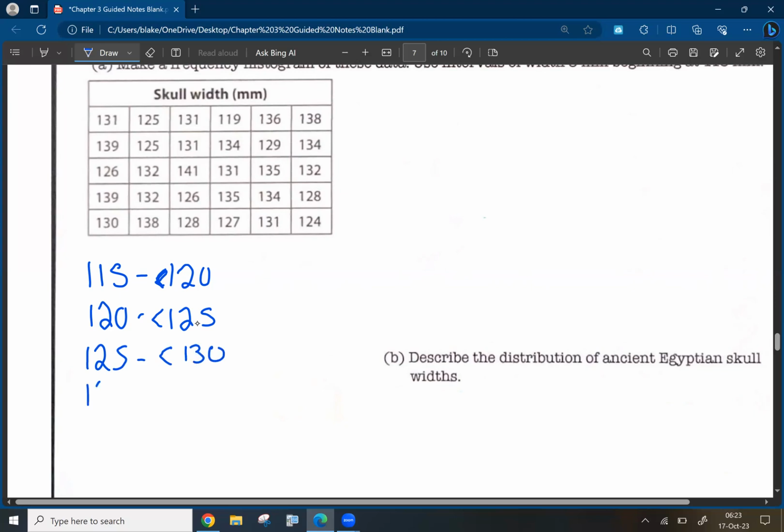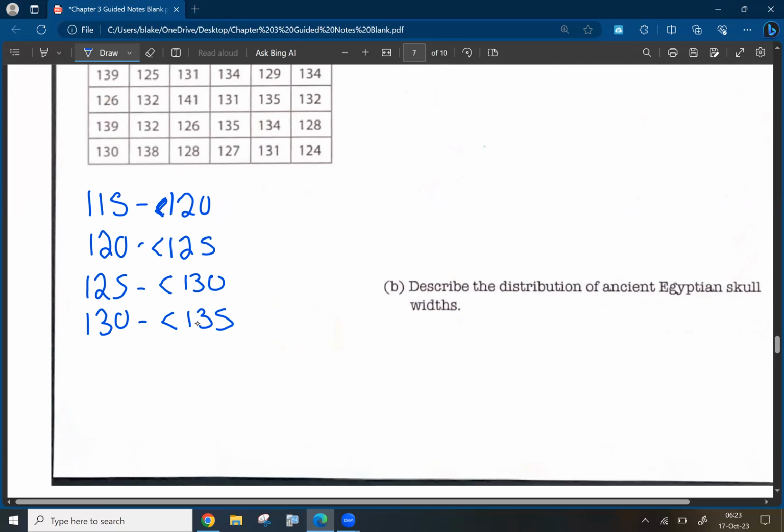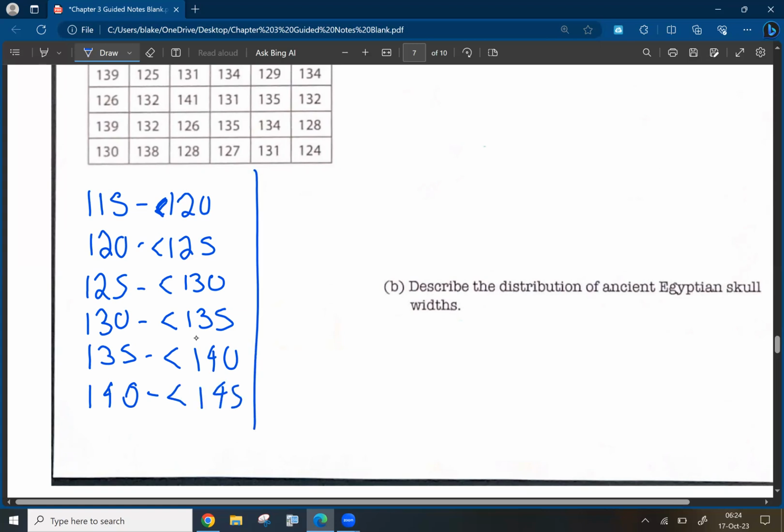The next one will go from 130 up to just under 135. So you see what I'm doing here? You see what I'm saying? That way I know exactly where 130 is going to go. Well, exactly where 135 is going to go. Etc. So 135 up to 140, and then 140 up to 145. And I think that's probably pretty good. So these are the intervals.